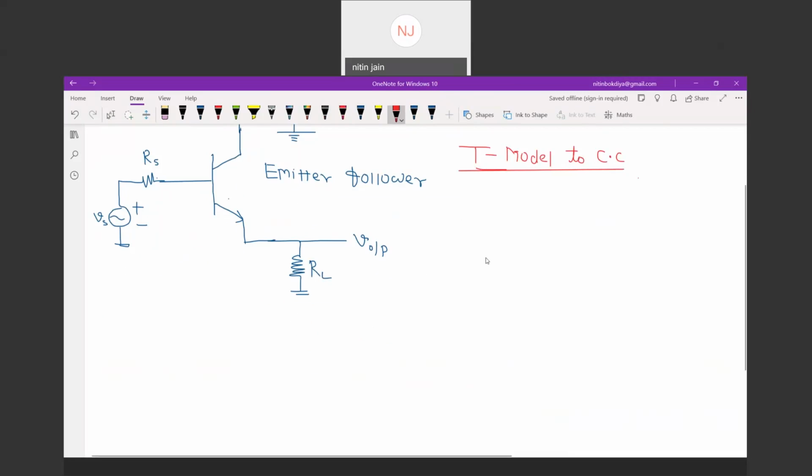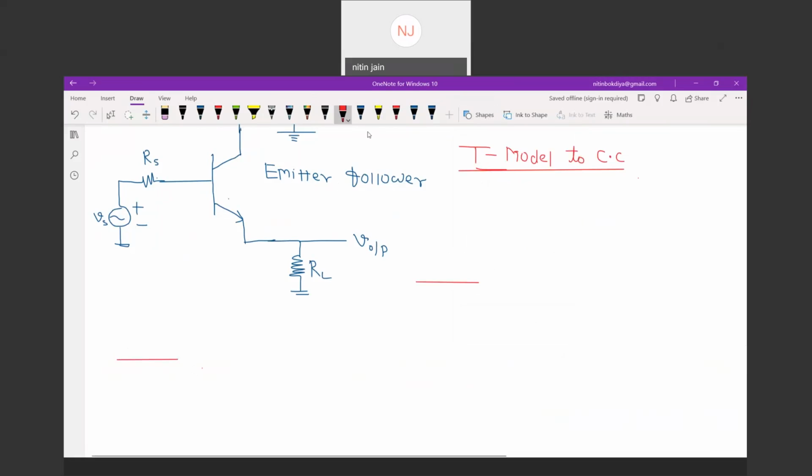Let's start. So in common collector we are having one base terminal, so I have taken one. Okay. I am taking one base terminal.